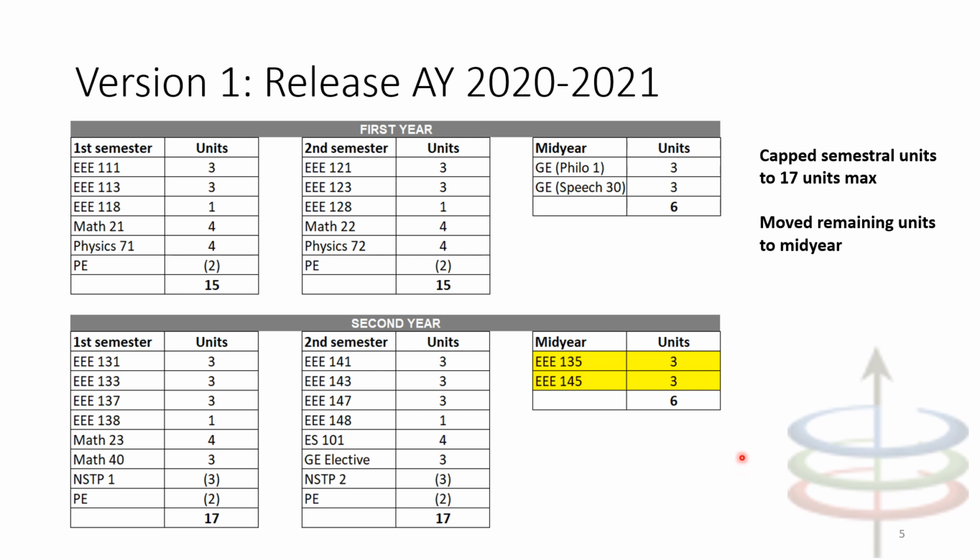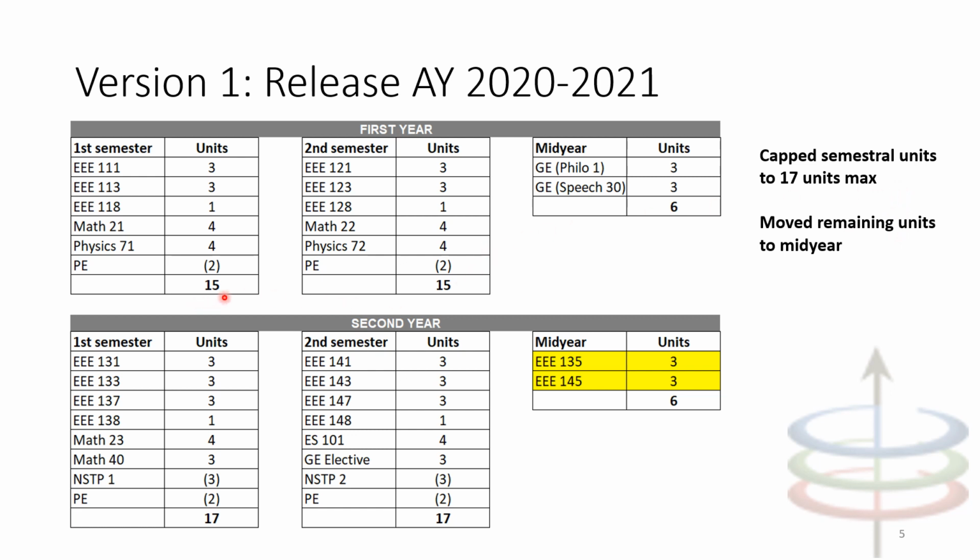So last year we released version 1 of our remote learning curriculum. As mentioned, we were adjusting to the remote learning setup. Our study environments are non-ideal, and therefore we had to set a lower cap on the semestral load. So when we released version 1, the cap that we set was 17 units.